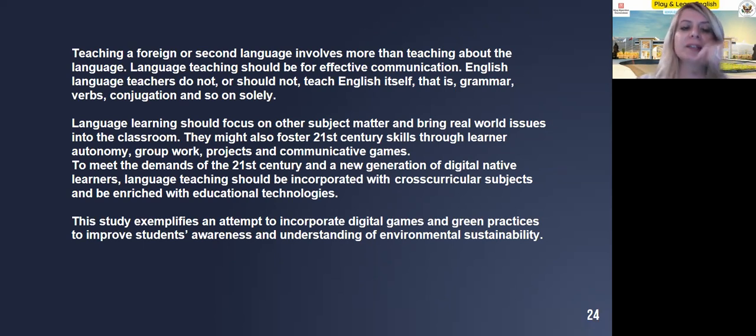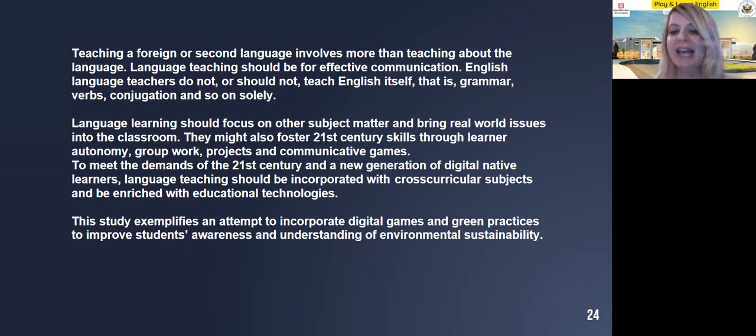So in a similar way, we can also foster 21st century skills through learner autonomy, group work, projects, or communicative games. To meet the demands of the 21st century, a new generation of digital native learners, language teaching should be incorporated with cross-curricular subjects, which is kind of CLIL actually.